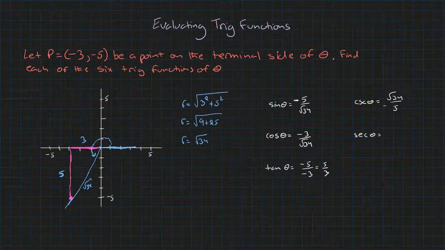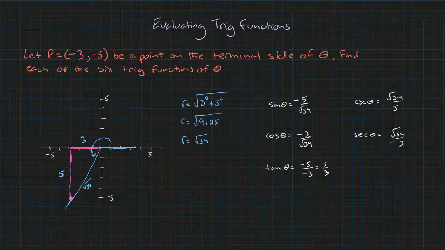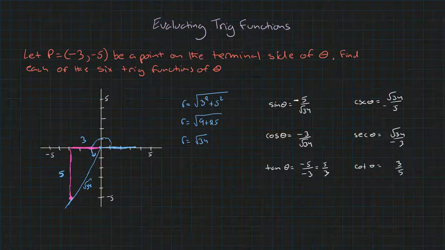Secant of theta is going to be root 34 over -3. And then cotangent of theta is just 3 over 5. So that's how we can find the trig ratios for any given angle given a point.